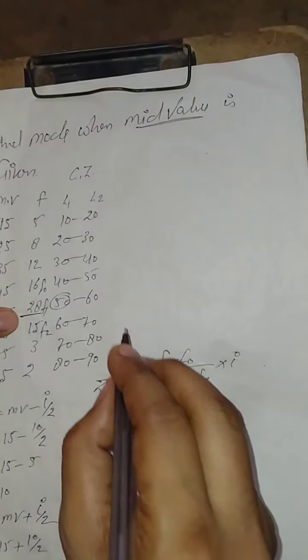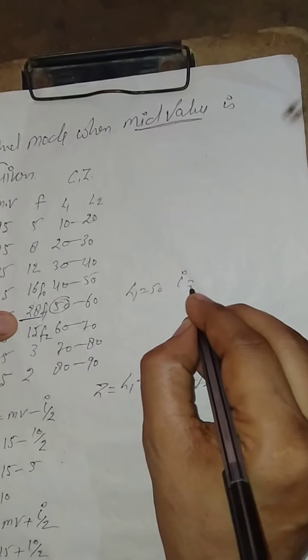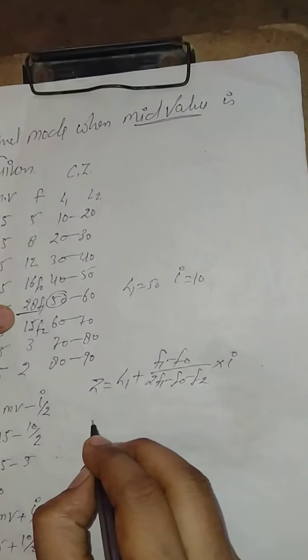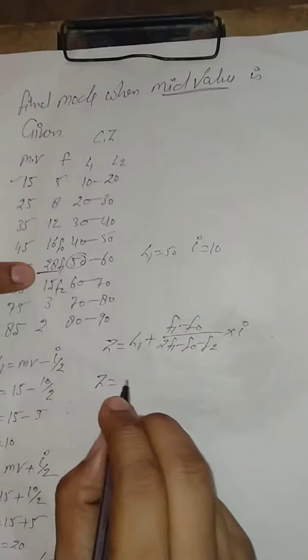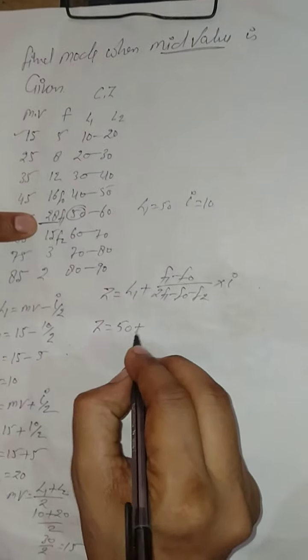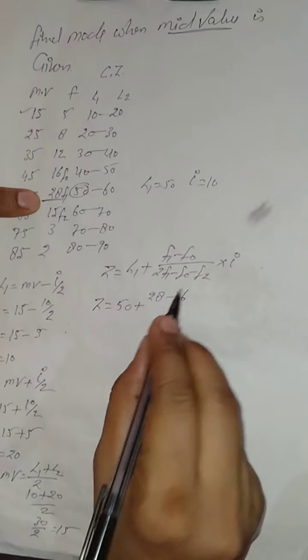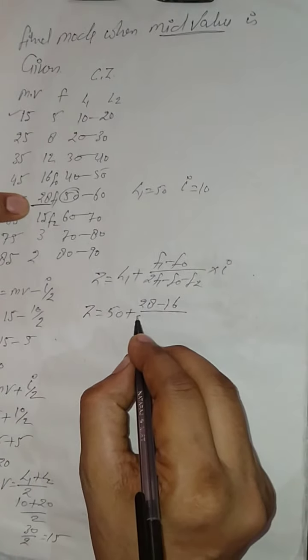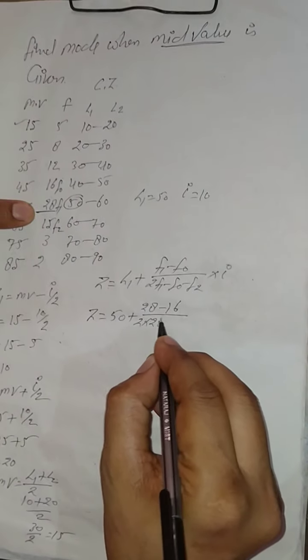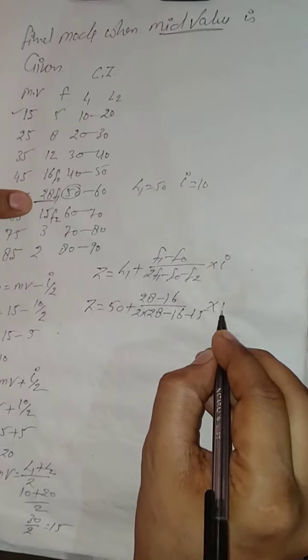And the lower limit L1 is equal to 50, I is equal to 10. So Z is equal to 50 plus (28 minus 16) divided by (2 into 28 minus 16 minus 15), into 10.